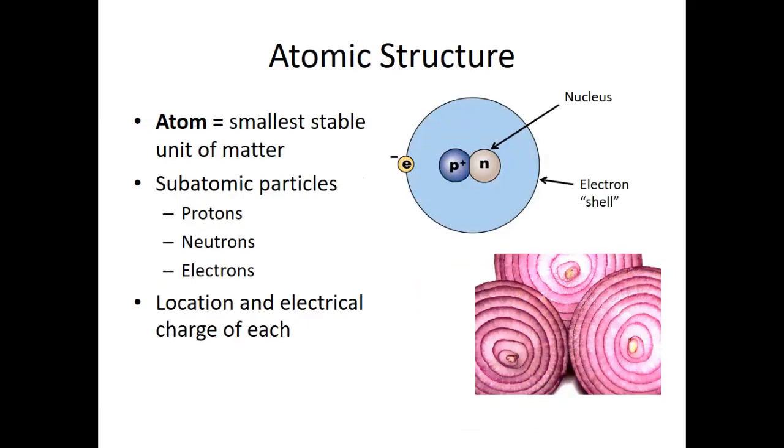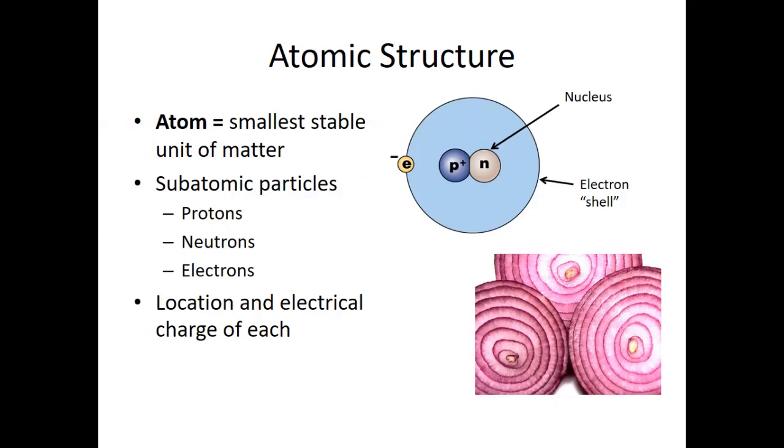We need to take a look at the basic atomic structure. And that includes looking at the 3 subatomic particles: the proton, the neutron, and the electron. If you look on the top picture here, you can see that both the proton and the neutron are located in the center, and the electron is at the periphery or the edge.